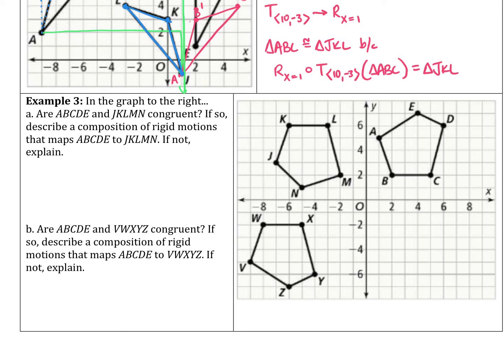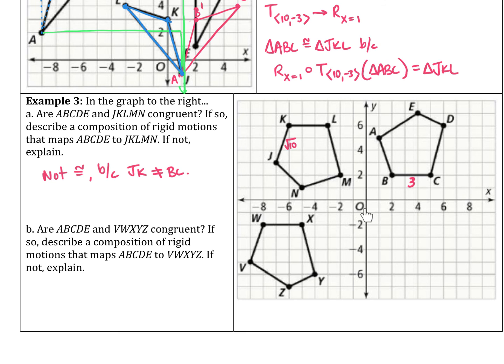So the length of JK is the square root of 10, but the length of BC is only 3, and those two numbers are not equal. So I know right here that no, not congruent, because the distance from J to K is not equal to the distance from B to C.